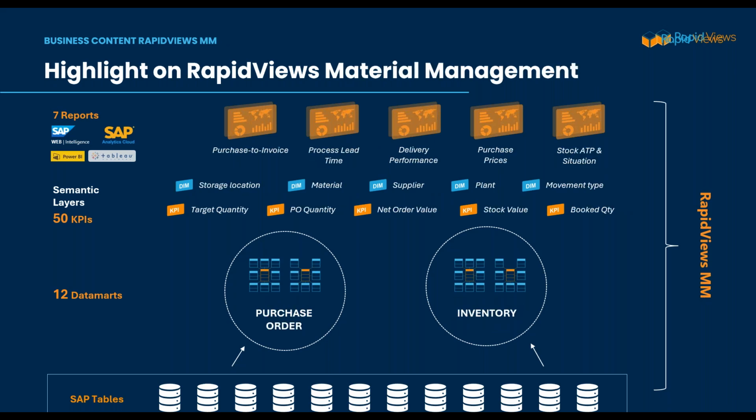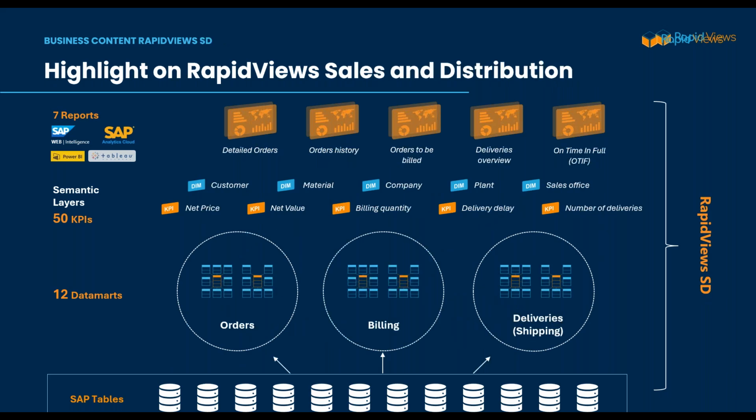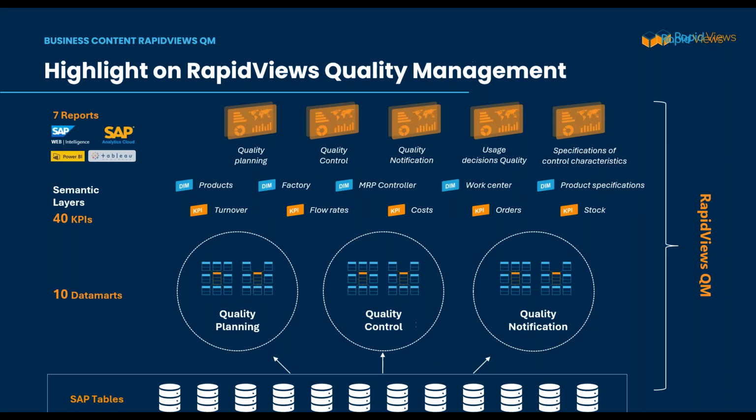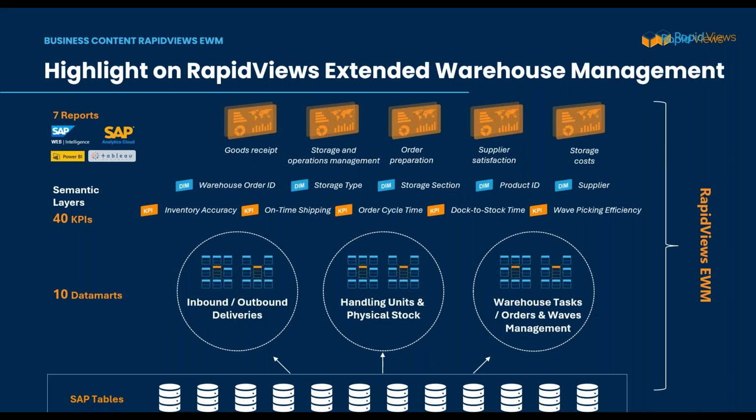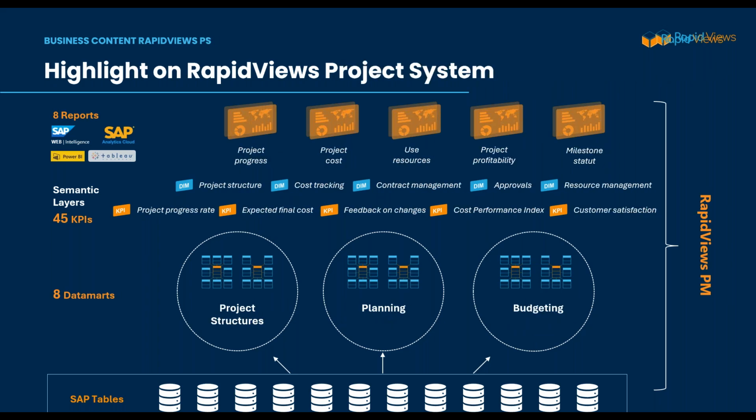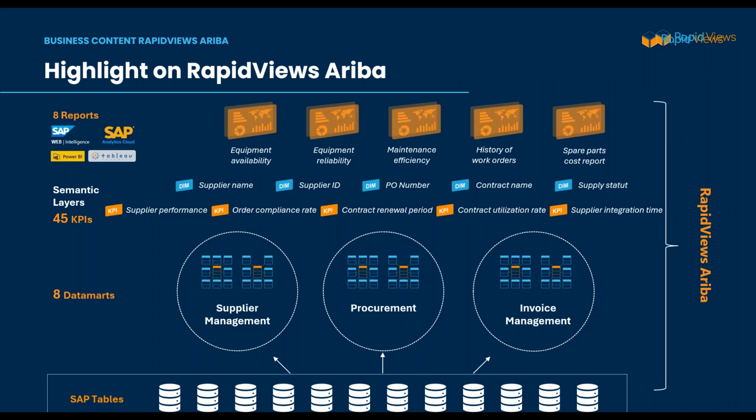So we did it for FICO, we are covering everything on purchase order and inventory, sales and distribution, orders, billing and deliveries, production planning, quality management, extended warehouse management, plant maintenance, project system, Ariba. So we try to cover the main core SAP modules.